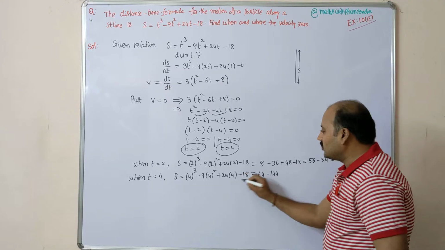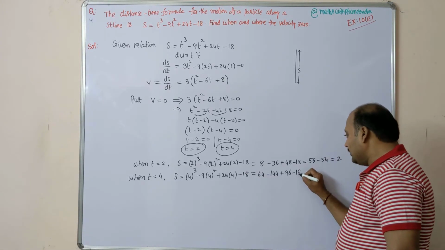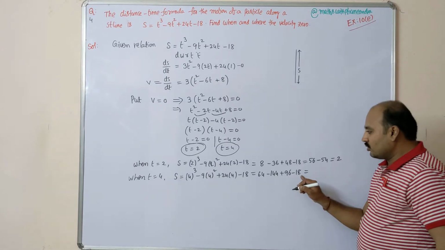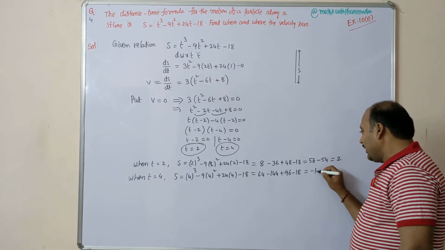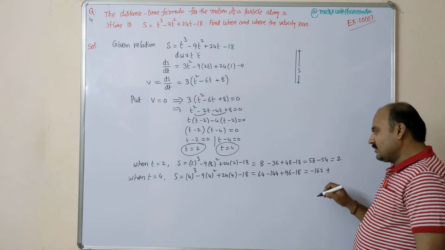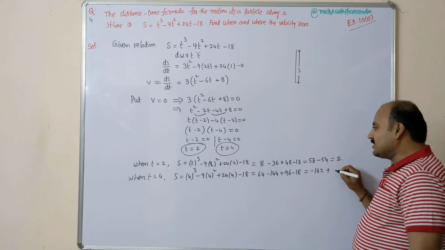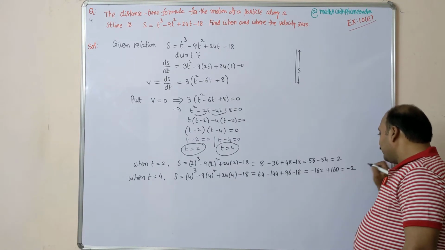Next 24 4s are 96 minus 18. So 64 plus 96 is 160, minus 162, which is equal to minus 2.